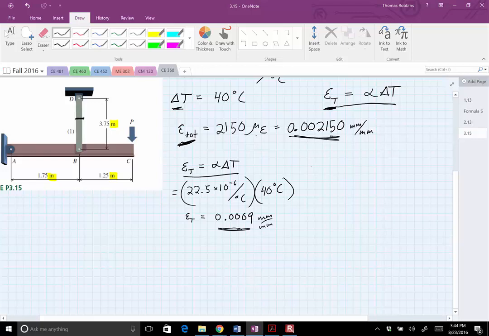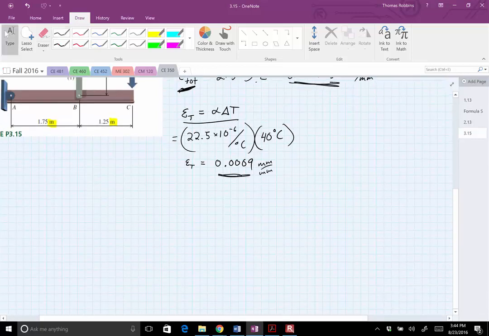in member 1, right? So this is epsilon total equals epsilon due to thermal expansion plus epsilon. Solving this for epsilon, we get epsilon equals epsilon total minus epsilon thermal.